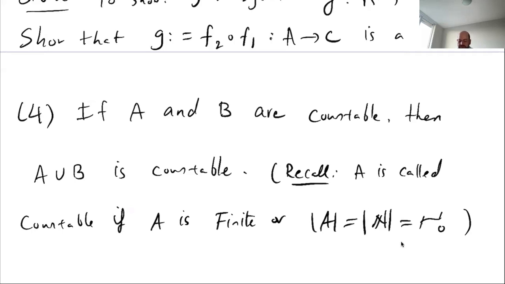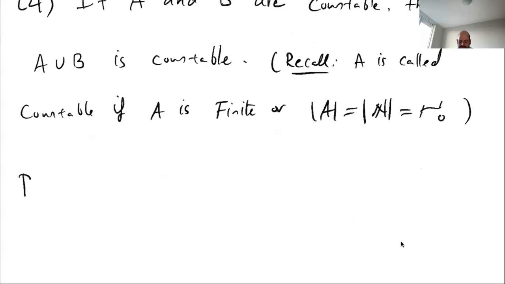How do you think I can prove this? So I want to consider different cases. I have two sets which are countable, but I know that each countable set has two possibilities, either finite or denumerable. We saw that if cardinality A equals cardinality N, then we call A denumerable. So that's what we defined last time.